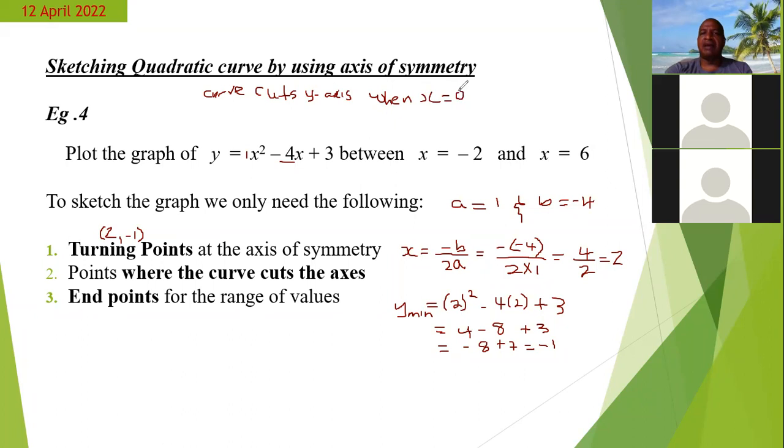All right, so all you have to do in the y equation, you put x equals 0. So you would have y equal to 0 squared minus 4 times 0 plus 3.